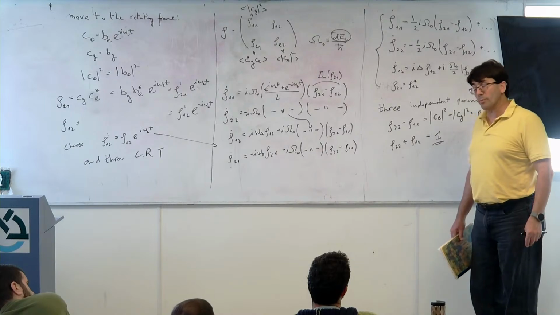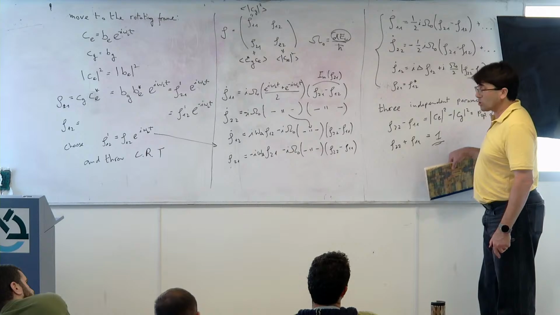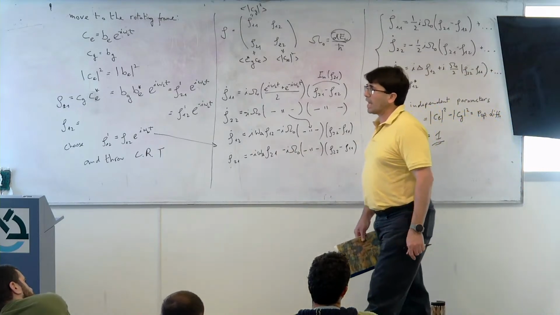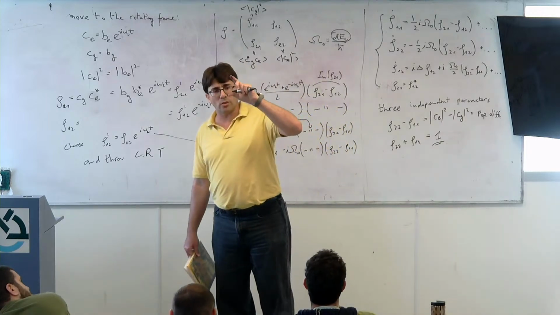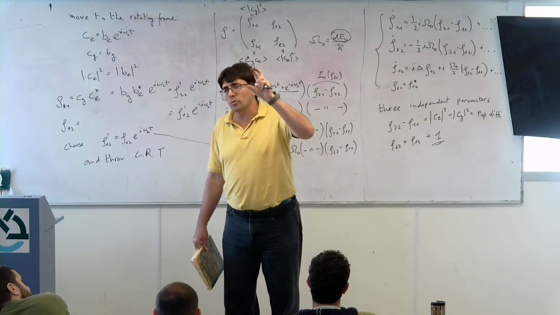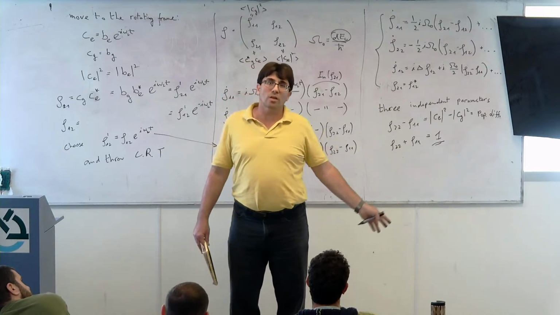There could be experiments, by the way, where population does decay, where the population is not constant. When could that happen? When you have two levels, but they both are not the ground states. None of them is the ground state. So population can decay out of there.